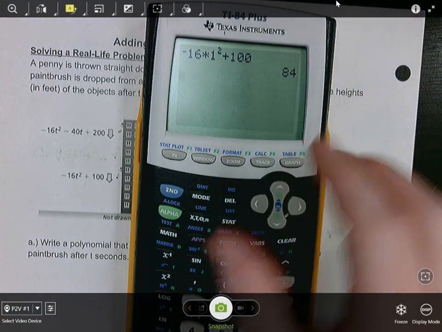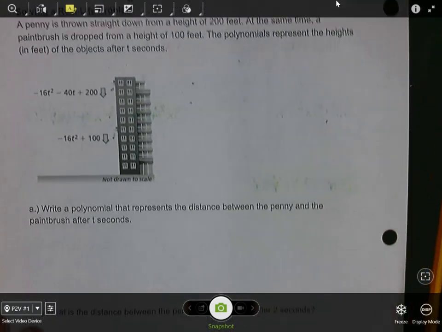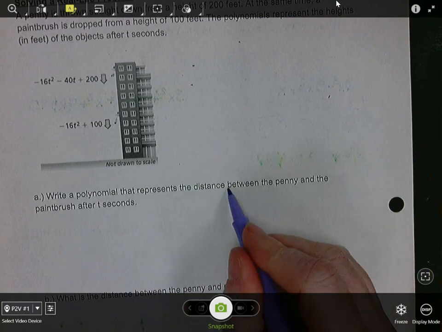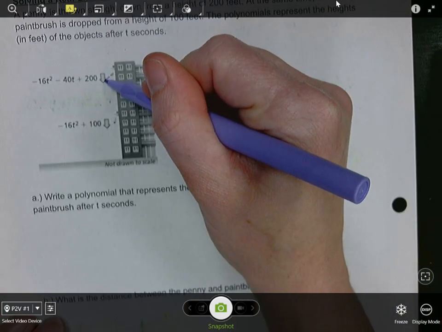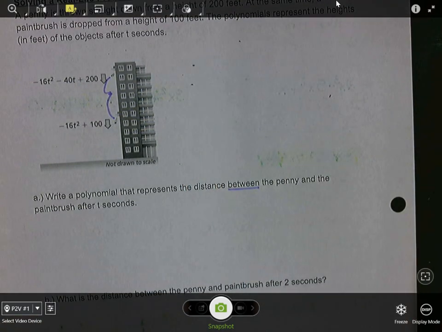Okay. All right, so part A says, write a polynomial that represents the distance between the penny and the paintbrush after t seconds. So they want to know how much distance is between the penny and the paintbrush. How do you think we're gonna do that? Yeah, you would do subtraction.